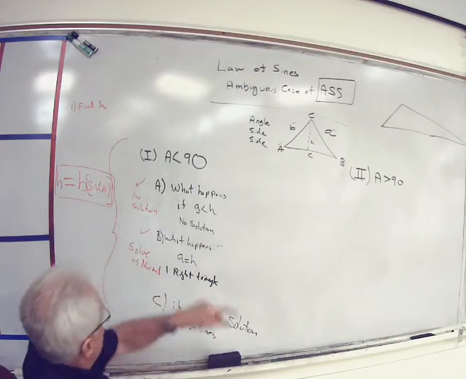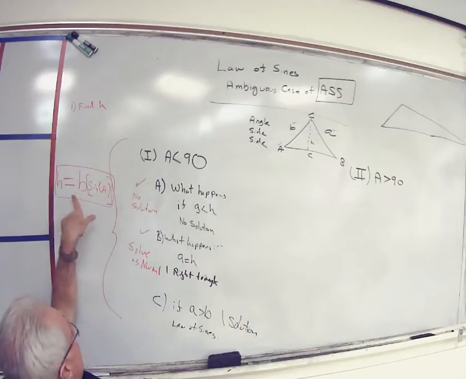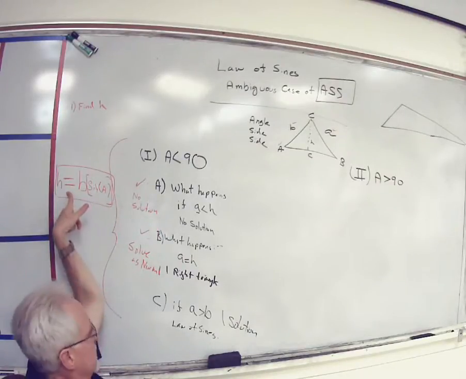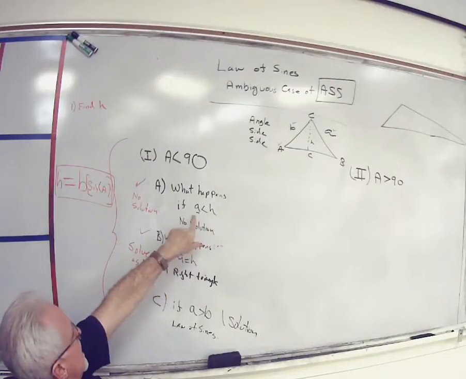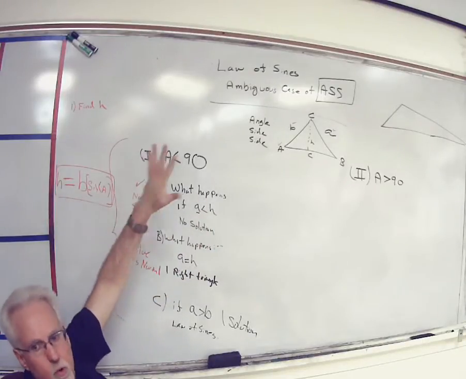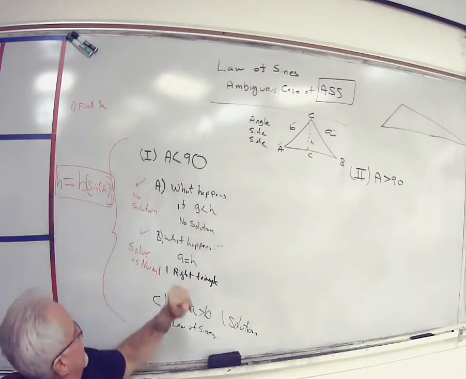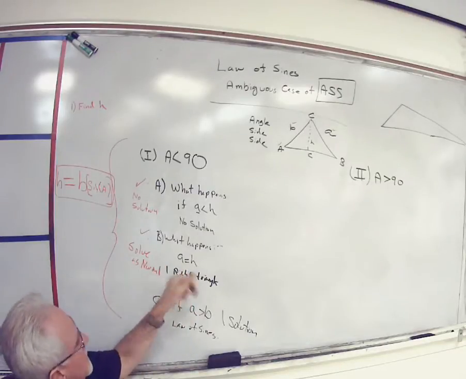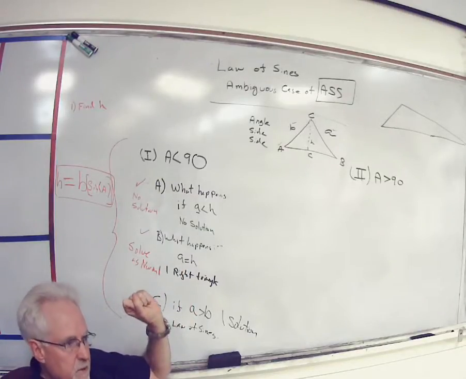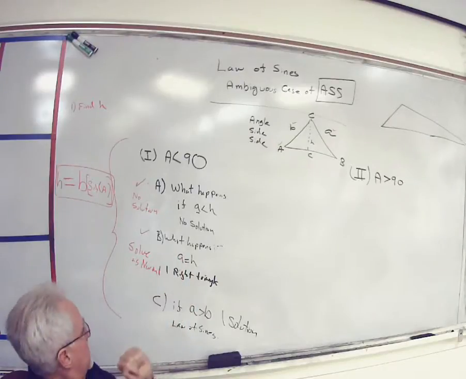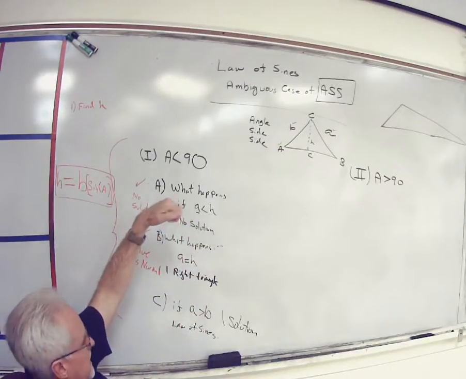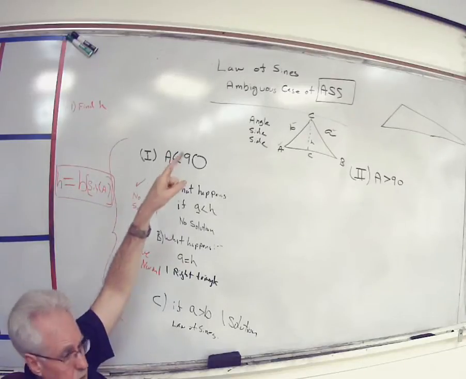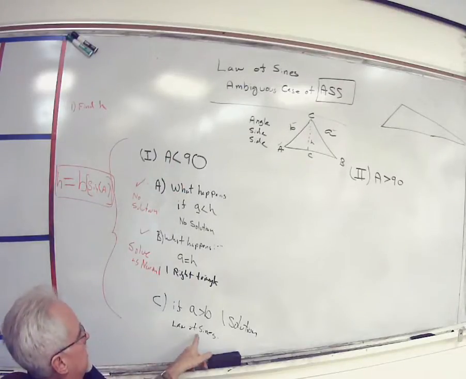Okay, so first of all, I figure out what H is, right? If A, that opposite side, is less than H, I have what? I have no solution. If A equals H, I have just one right triangle. If A is greater than B, I know I have one solution, and I solve it with the law of sines.